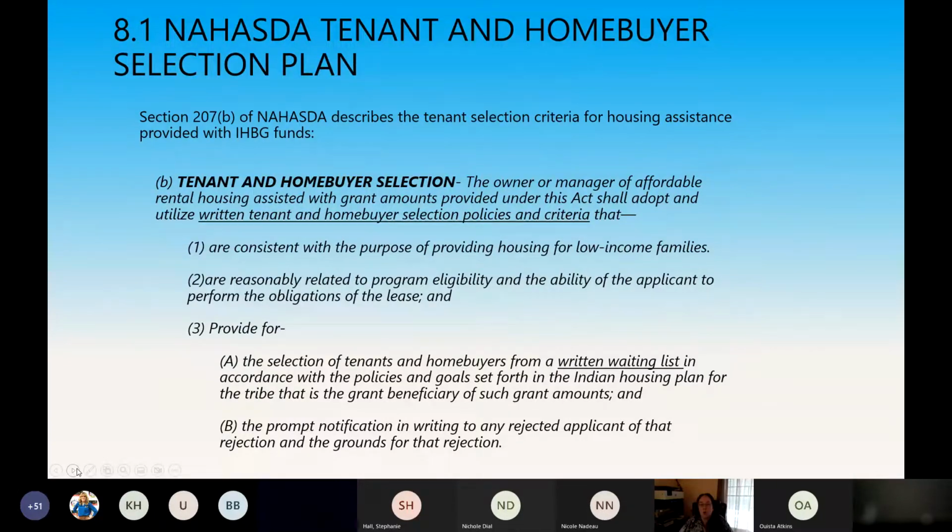Tenant and homebuyer selection: the owner or manager of the rental housing assisted with grant amounts provided under this act shall adopt and utilize written tenant and homebuyer selection policies and criteria that are consistent with the purposes of providing housing for low-income families, are reasonably related to program eligibility, ability of the applicant to perform obligations of the lease, provide for a selection of tenant and home buyers from a written waiting list in accordance with the policies and goals set forth in the Indian Housing Plan for the tribe that's the grant beneficiary of such grant amounts, prompt notification in writing to any rejected applicant of the rejection and the grounds for that rejection.